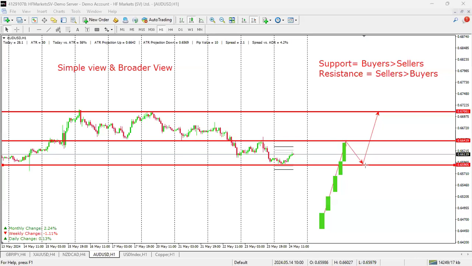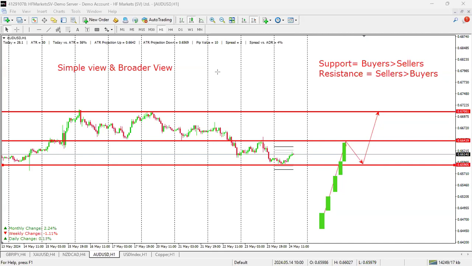And that's why most people will say, I saw the market buying and I entered into a buy. It did not work, so I closed my trade in loss. Oftentimes it's because when price gets to some strategic levels, which is what we call support and resistance, right? Because if there's a level that is a support, where buyers are more than sellers, it means sellers are not expected to operate in that territory.